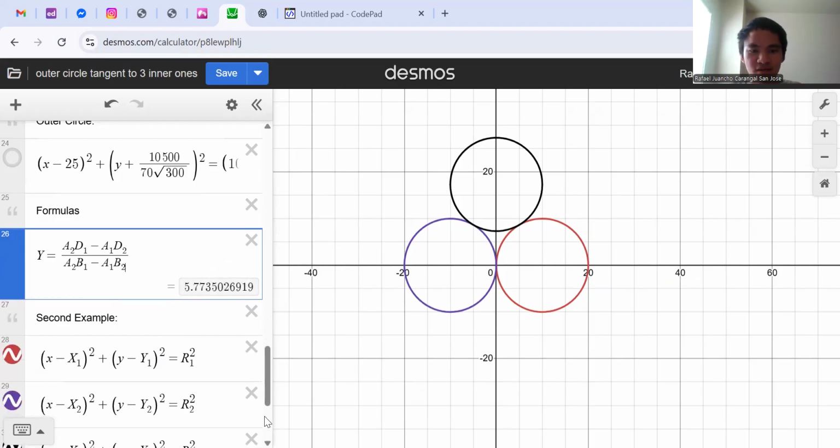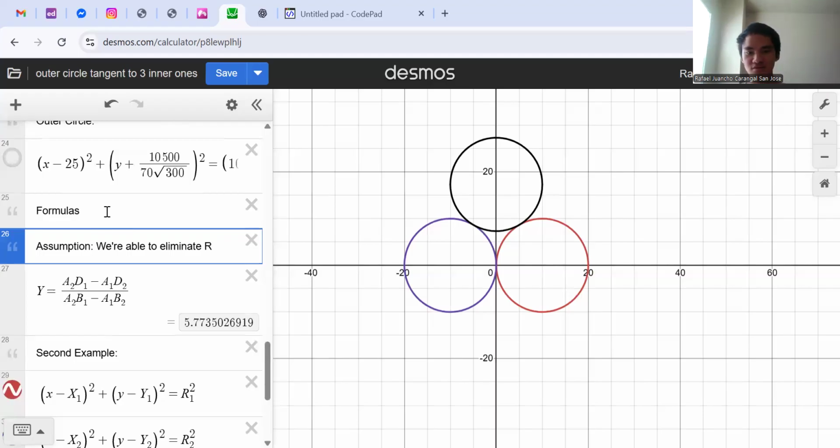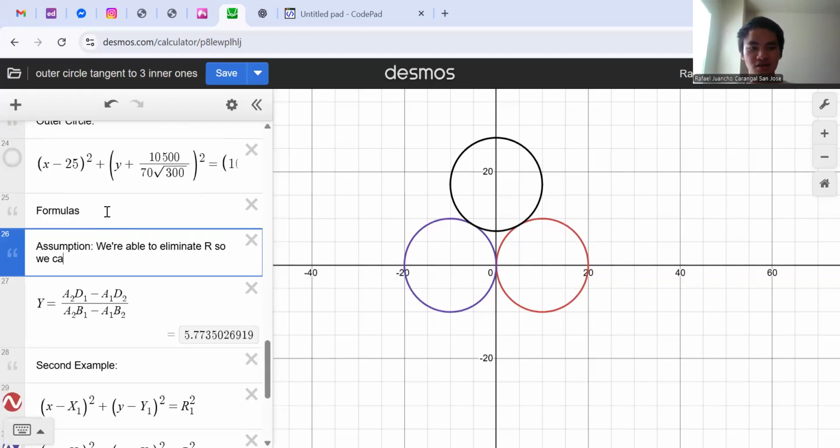Yeah. So here, let me just write assumptions. Maybe can I just do this? The assumption is that we're able to eliminate R, so we can use these formulas.